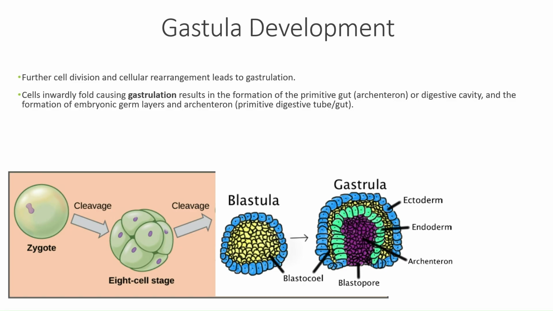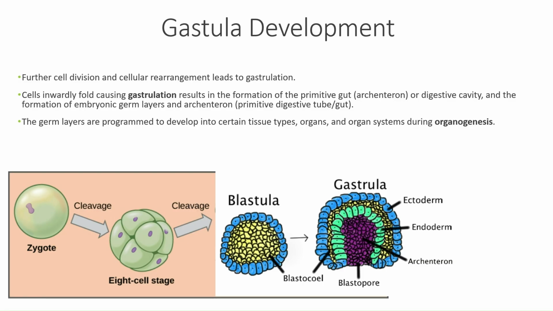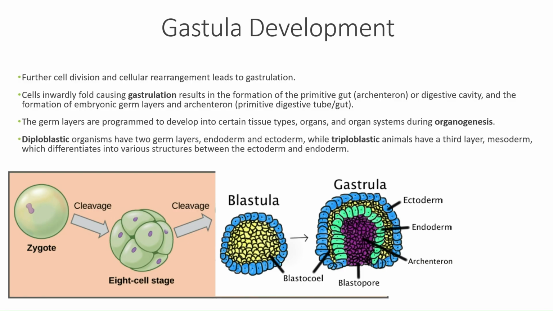Depending on which layer, the cells of germ layers become programmed to develop into varying tissues or particular organs and organ systems. And this is called organogenesis. In diploblastic animals, 2 layers form. In triploblastic animals, a 3rd layer called the mesoderm forms between the ectoderm and the endoderm.